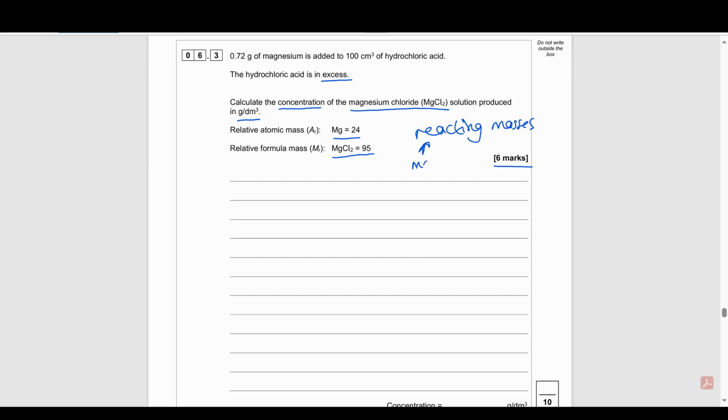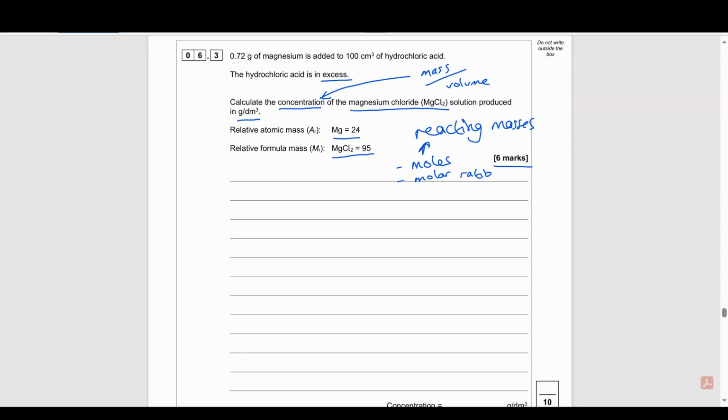We need to find the moles of our substance that we're focusing on, and we need to find the molar ratio between something in our reactants and something in our products for us to continue. But remember, we also need to actually find the concentration of a solution. And if it says in grams per decimeter cubed, then just like in our previous question, we need to use the formula mass divided by volume.